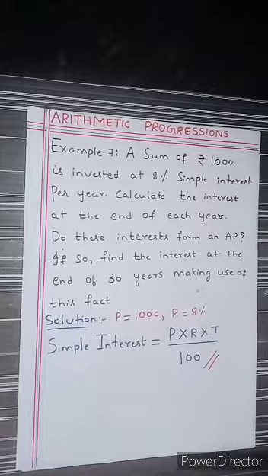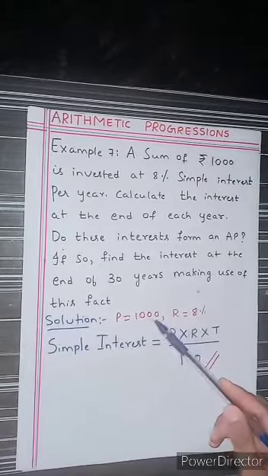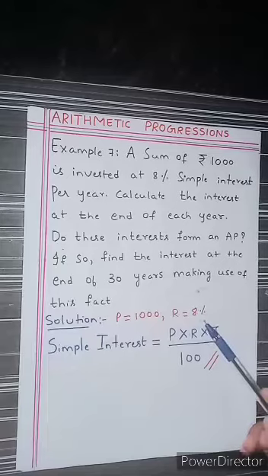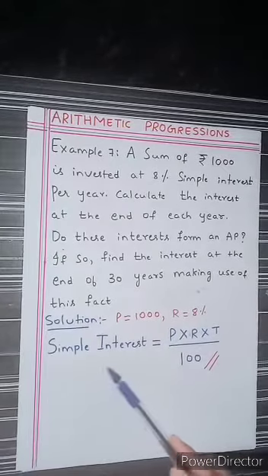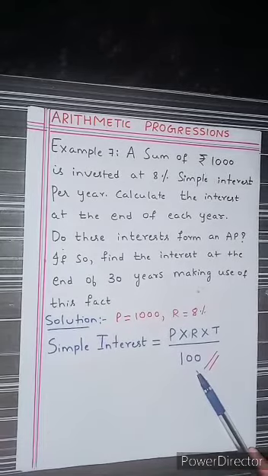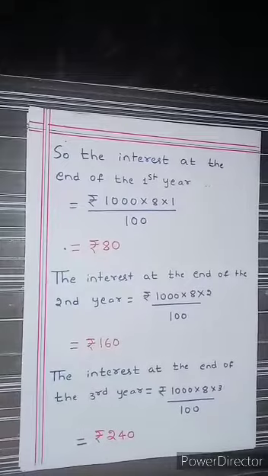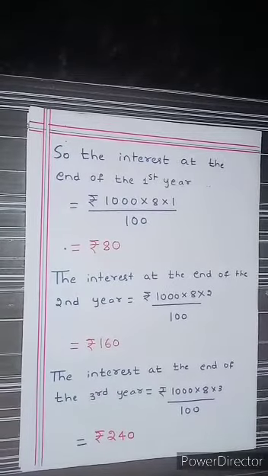Okay. So coming to the solution, here P, principal amount, P equals 1000, rate equals 8%. Formula for simple interest is P into R into T divided by 100. As I told you, we have to calculate the interest at the end of each year.